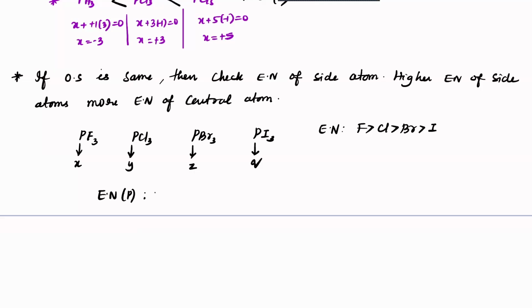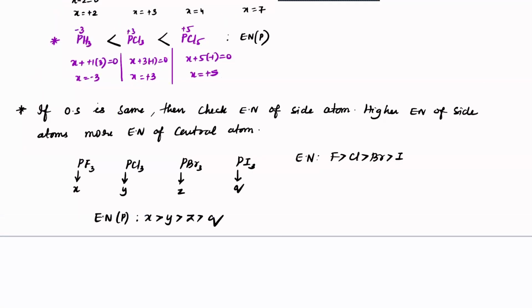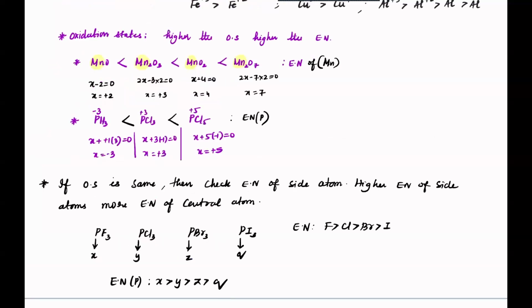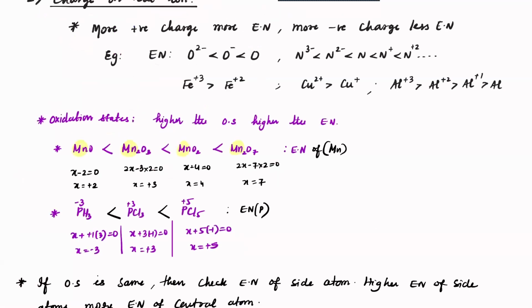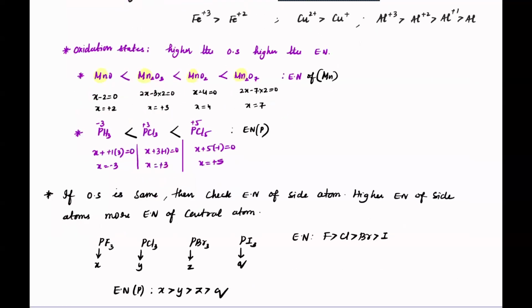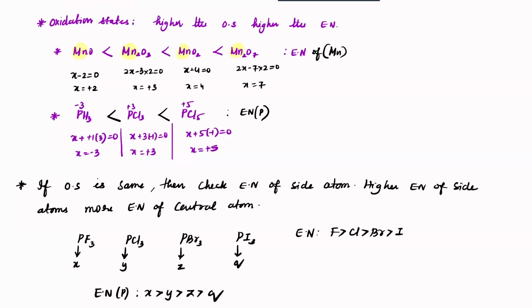X will have more electronegativity than Y, then Z, then Q. So the electronegativity of an element is subject to the atoms connected to it. Is this point clear, everybody? Check out how the charge and oxidation state vary the electronegativity.